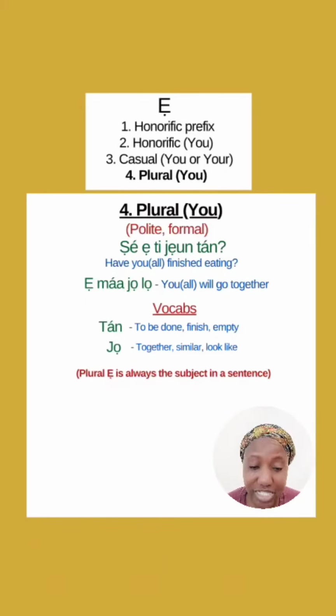That will be perfectly correct, because here ẹ is used as a subject. Also, take note, when you're using ẹ as a plural, or as honorific, it is always the subject of a sentence. You can never go wrong when you use ẹ in your sentences.